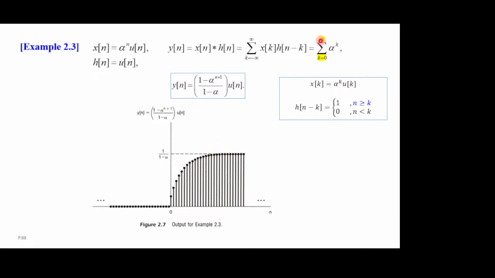And this thing you can just plug in the formula and get y equals (1 minus alpha to n plus 1) over (1 minus alpha). Okay, but this is a little tricky question because there is another term that's u of n here, because this thing is 0 when your n is less than 0. Okay, so yeah, be careful.